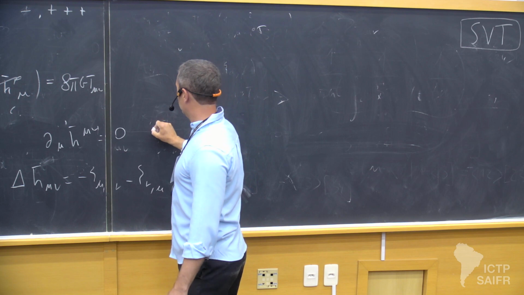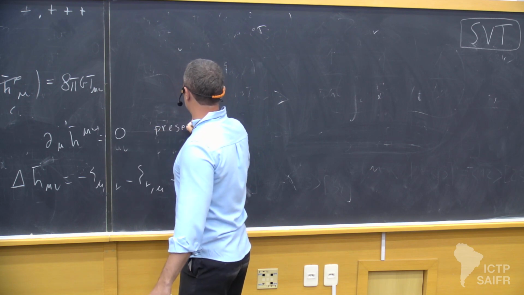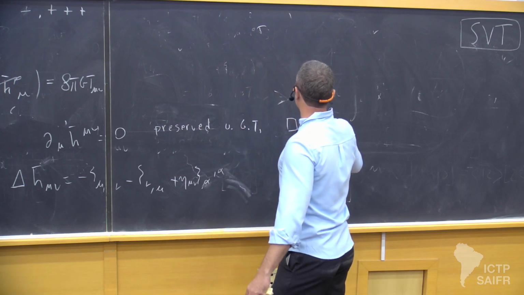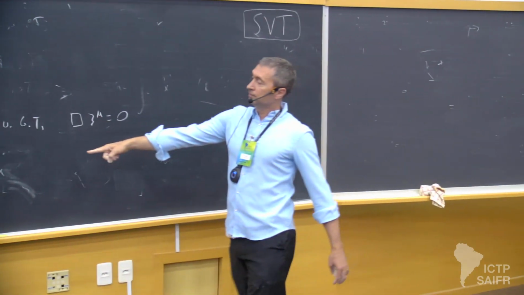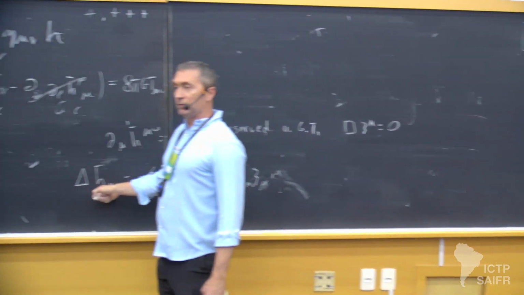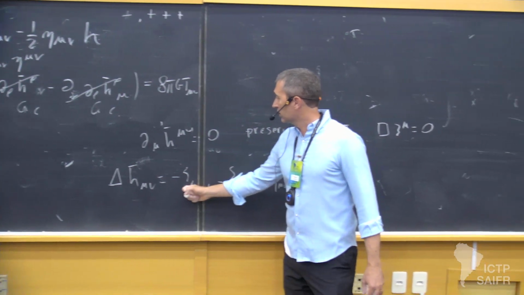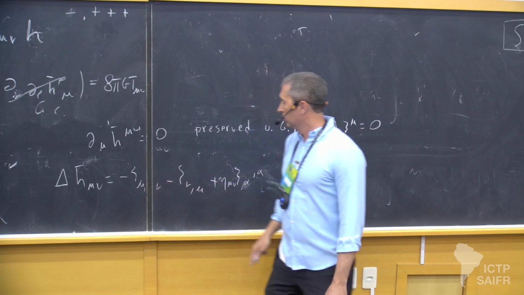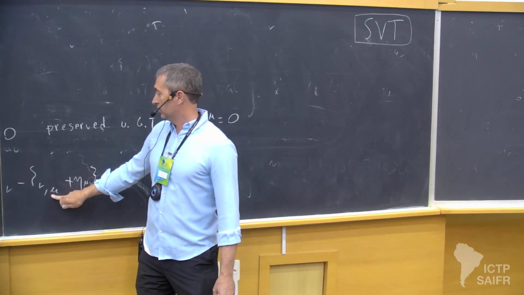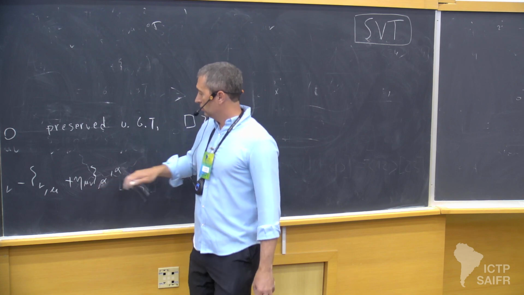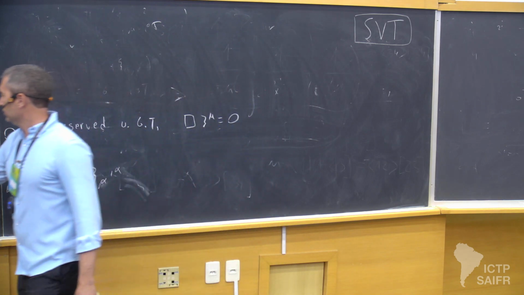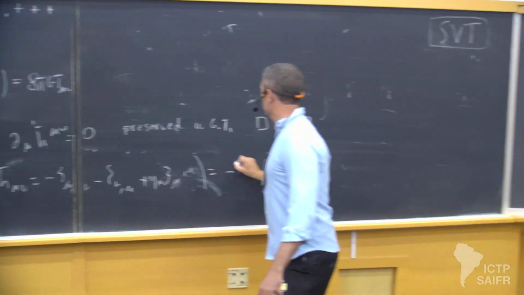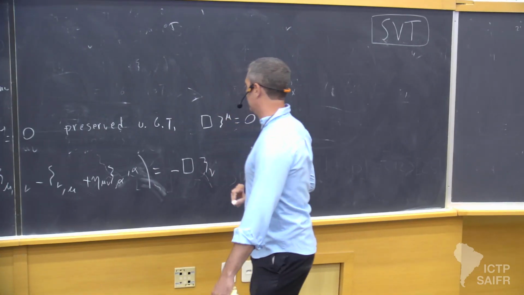This is preserved under a gauge transformation satisfying box xi mu equal to 0. You see? Because this is the shift in H bar. If I take the divergence of this with respect to mu, this will give me d mu d nu xi mu, minus box xi nu, minus d mu d nu xi mu. So when I take the divergence of this, it will be equal to minus box xi nu.